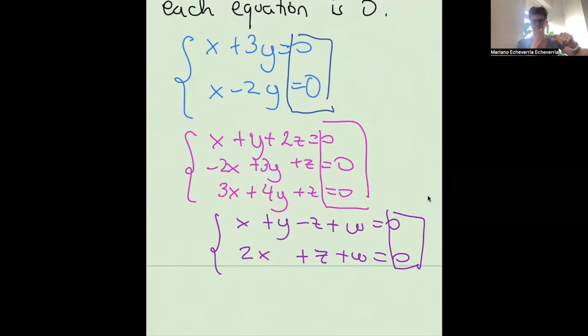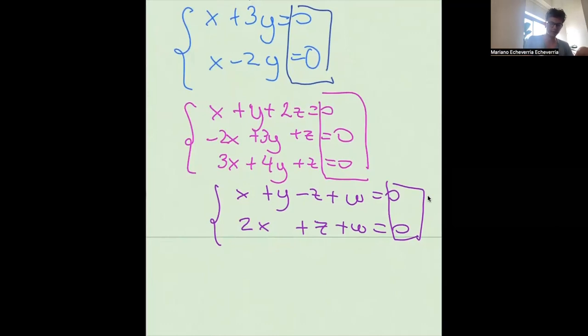Just set everything equal to 0. So take x equals 0, y equals 0, z equals 0, w equals 0. Every single variable, just set it equal to 0. So every such system has at least one solution.